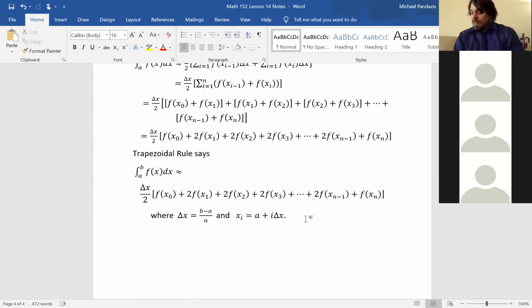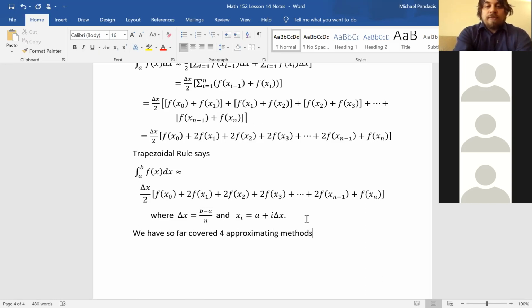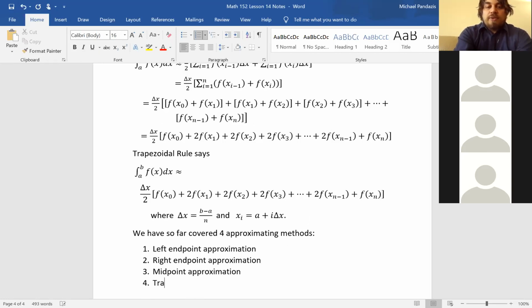Okay, and so we now have four approximating methods. We have so far covered four approximating methods. One, the left endpoint approximation. Two, the right endpoint approximation. Three, the midpoint approximation. And four, the trapezoidal approximation.